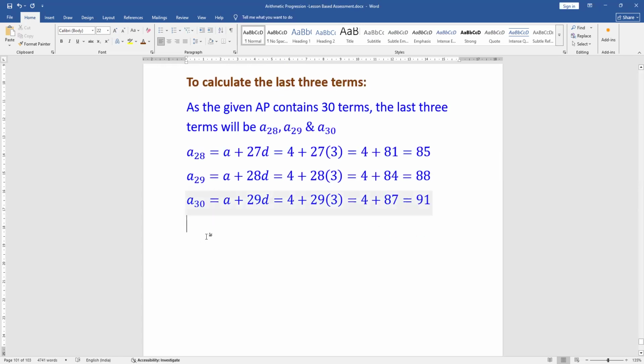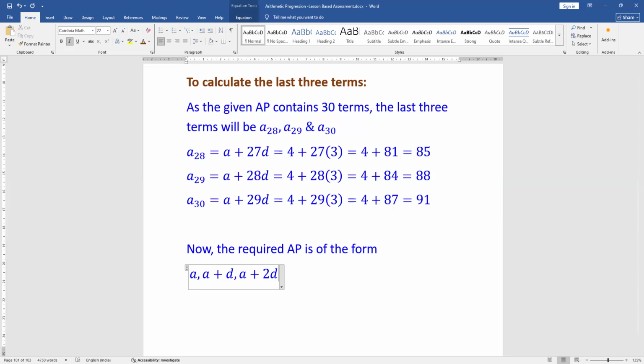Now in our next step, I write that the required AP is of the form A, A plus D, A plus 2D, then dot dot dot. You must put it like that.